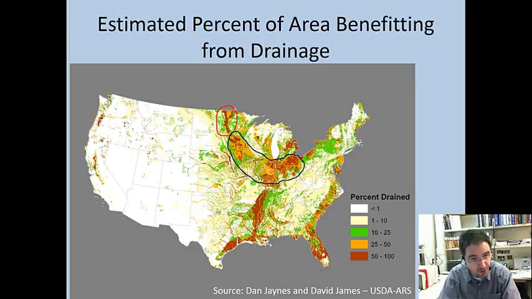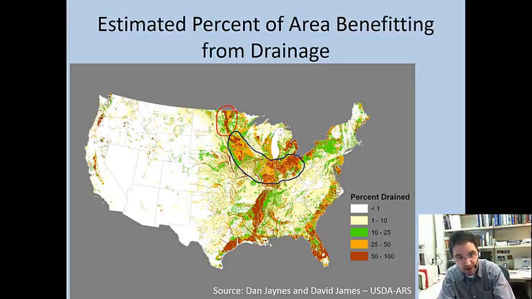well over 100 years. And so, again, this is a map that Dan James and David James at the USDA Agricultural Research Service, the National Laboratory for Agriculture and the Environment here in Ames, developed, combining land use and the hydrologic class of the soil, so somewhat poorly drained and wetter soils, and then some slope characteristics as well.